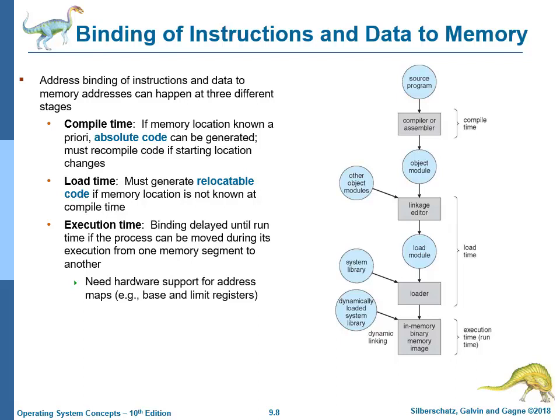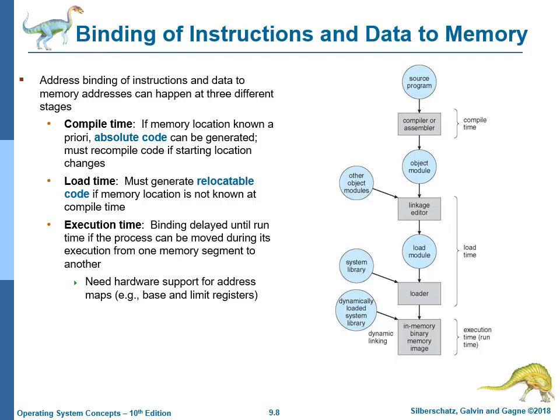The binding steps are as follows. Compile time: if it is known at compile time where a program will reside in physical memory, then absolute code can be generated by the compiler containing actual physical addresses. However, if the load address changes at some time later, then the program will have to be recompiled.